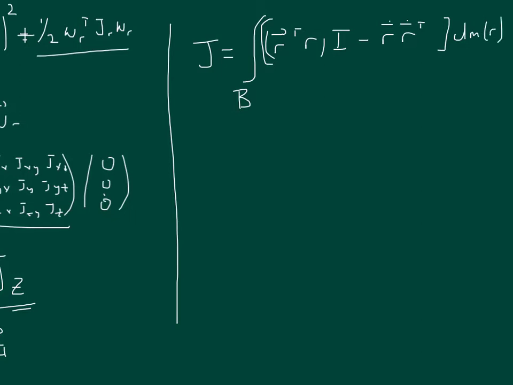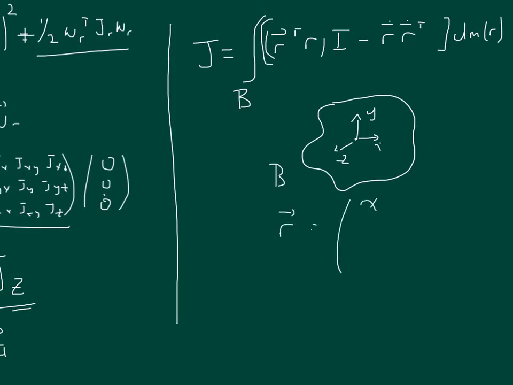Now, if we have our body B, and again at the center of mass, we're going to attach a coordinate system x, y, z. Then this vector r will be the value along the x direction, the value along the y direction, the value along the z direction.